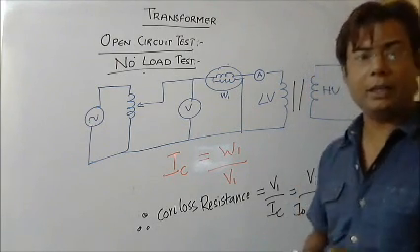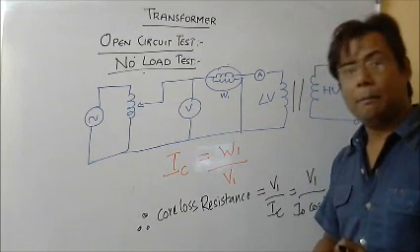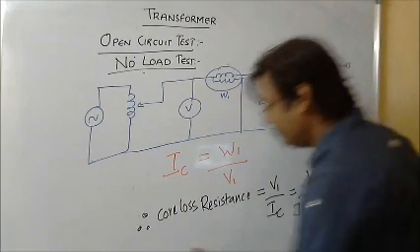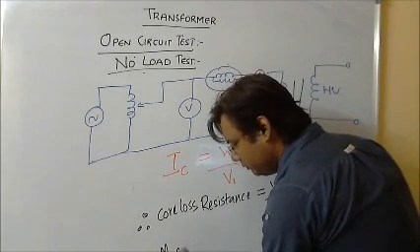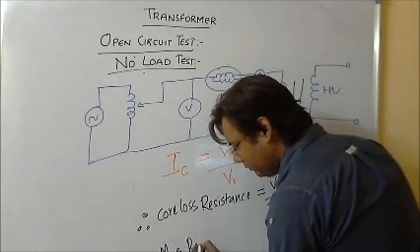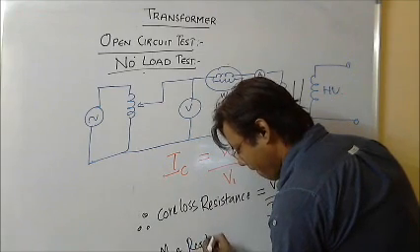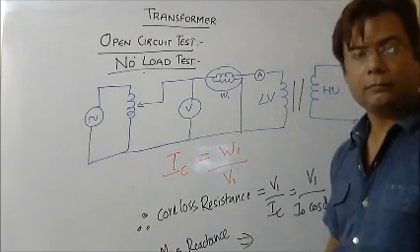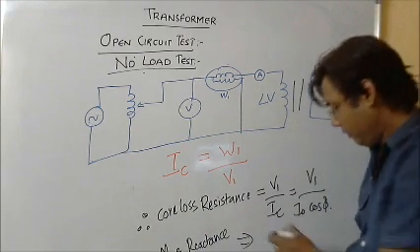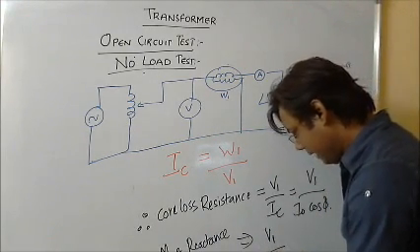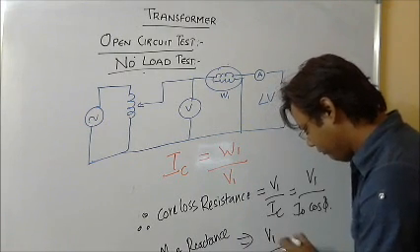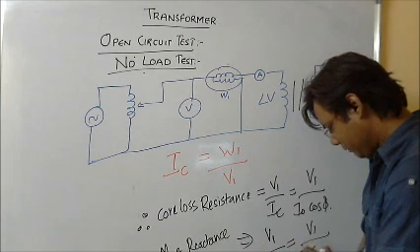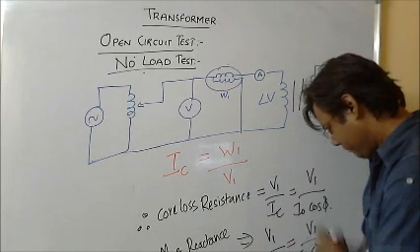In the same fashion, I will be able to get the magnetizing reactance, which is X0 equals V1 upon I-mu, which equals V1 upon I0 sin phi.